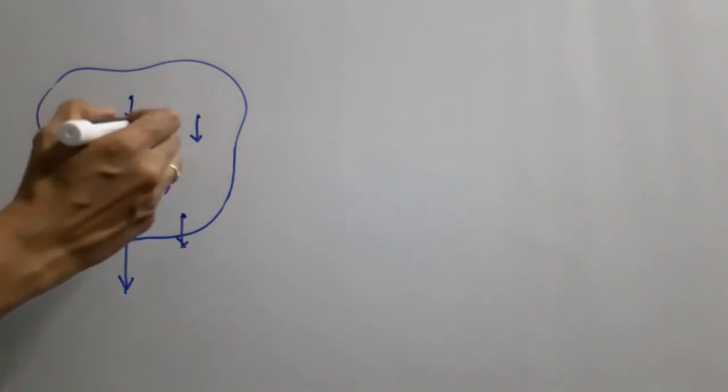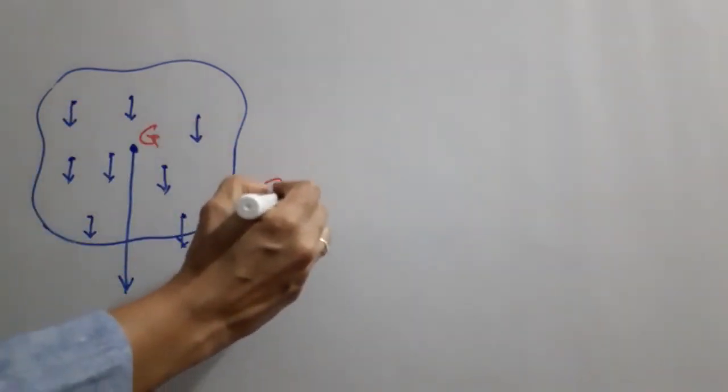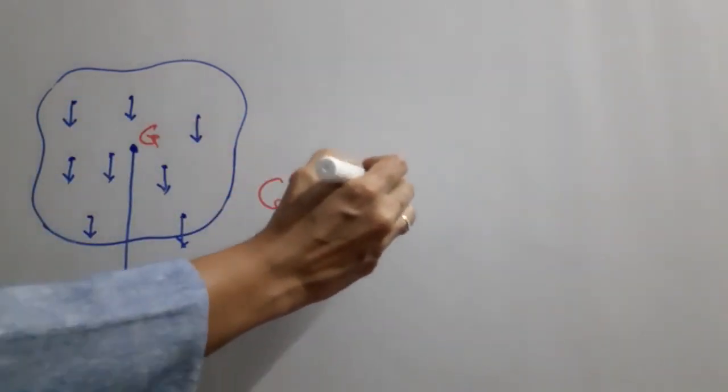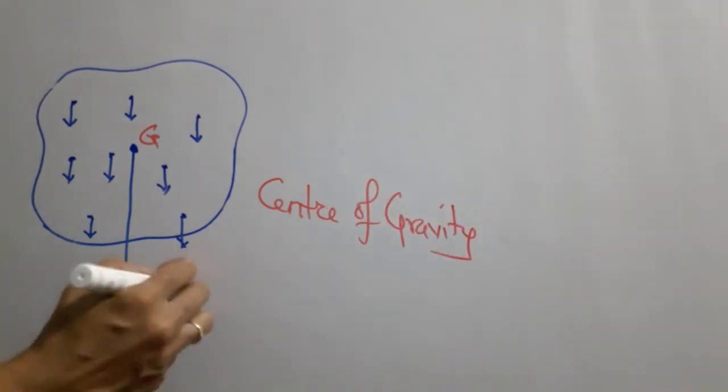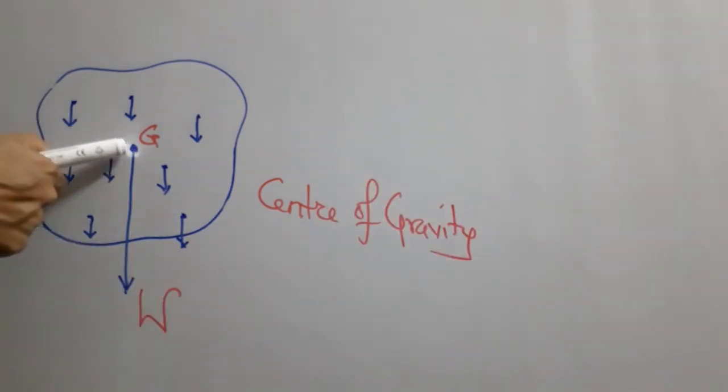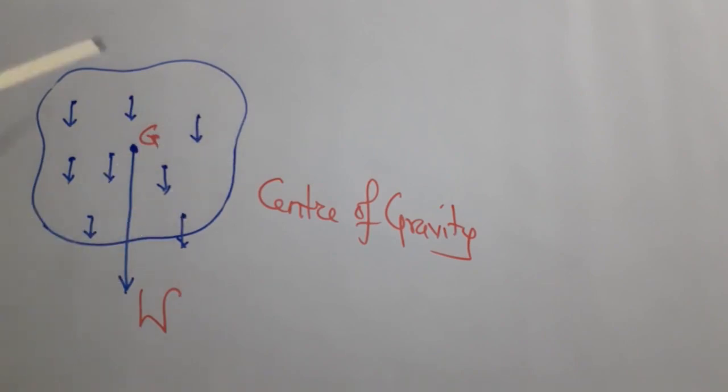What is it called as? It is called as center of gravity. Weight of whole object is concentrated at this point. Now, let us try to understand it in a different manner. I am fixing this object about this point, right? Then weight of all these particles will tend to rotate this object in anti-clockwise direction, right?